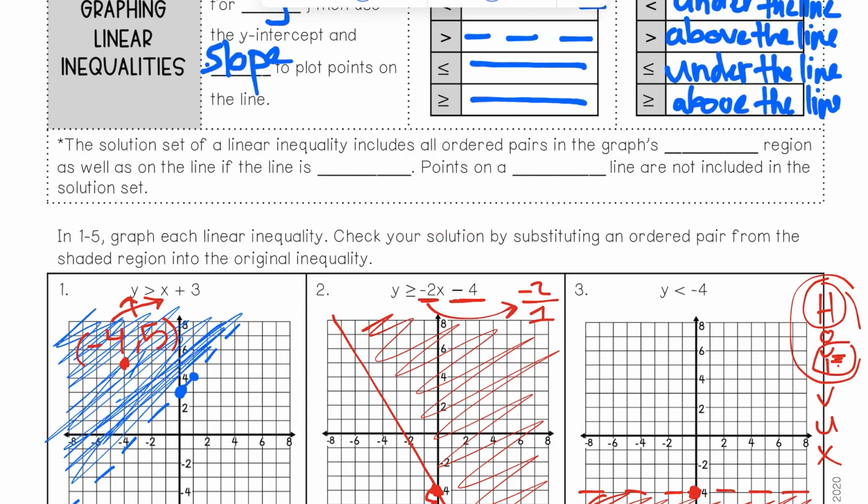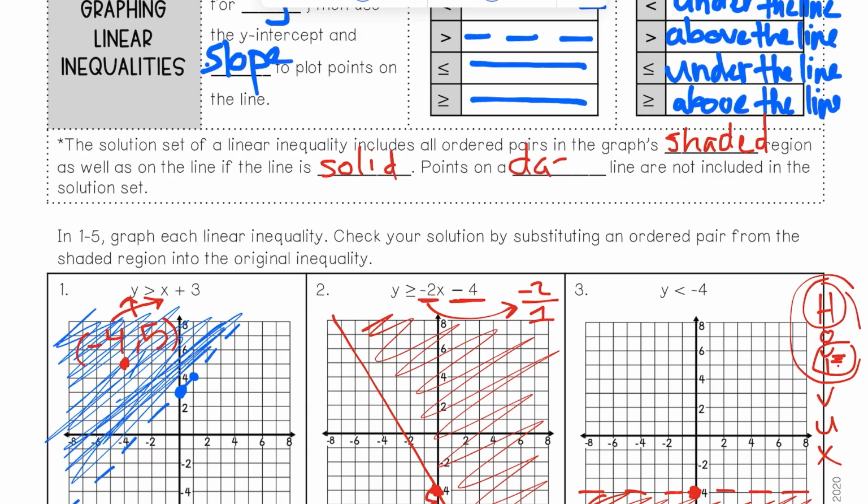It says the solution set of a linear inequality, so the things that make that equation true, are all ordered pairs in a graph's shaded region as well as on the line if the line is solid.